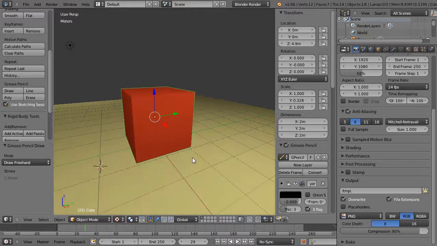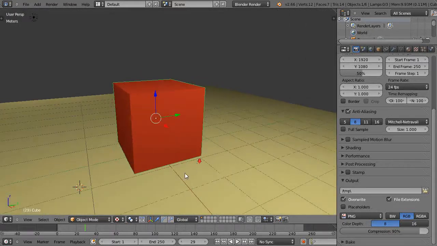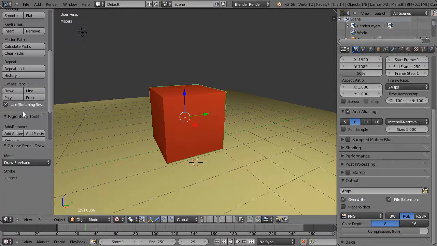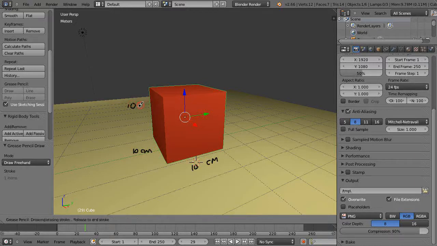All right, so if we have this cube here, I could write this as 10 centimeters along this edge, and 10 centimeters along this edge, and 10 centimeters along this edge, like this.